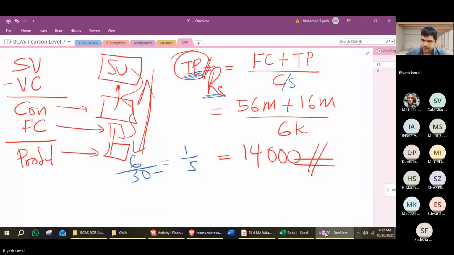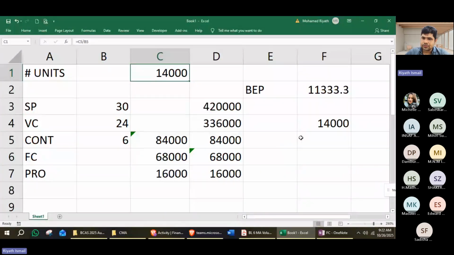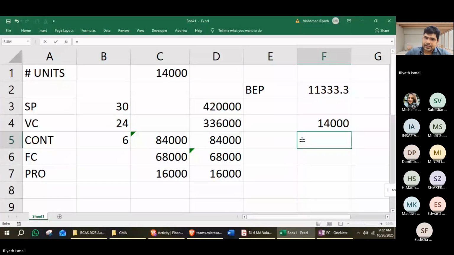Now we find the CS ratio. The contribution over sales is this. So this is CS ratio.